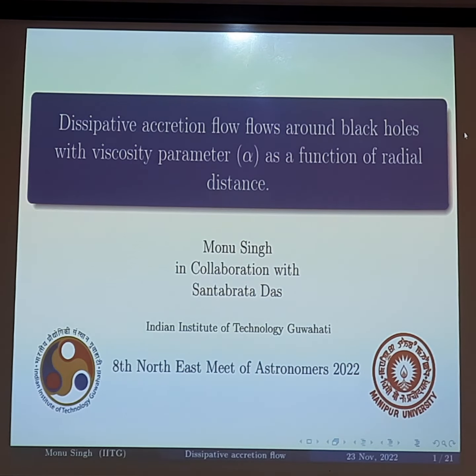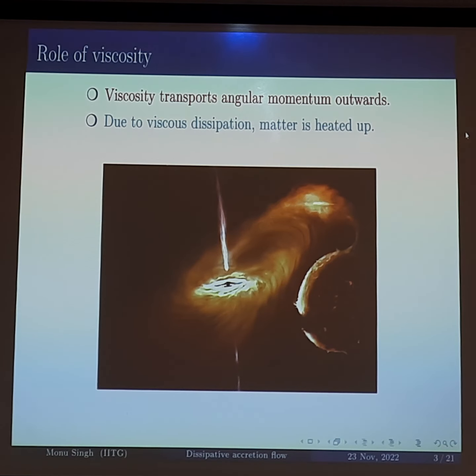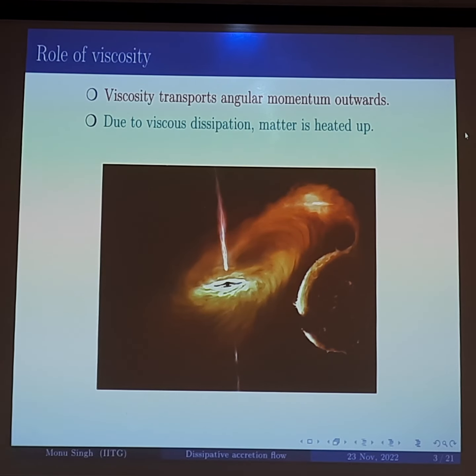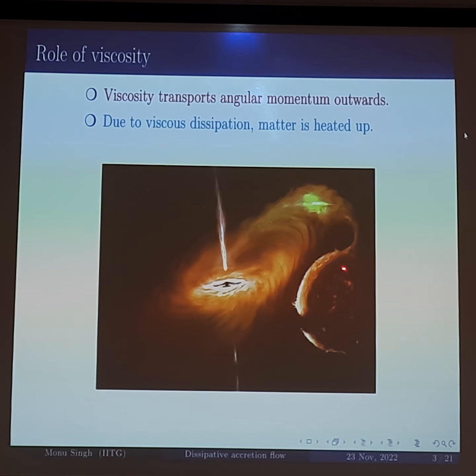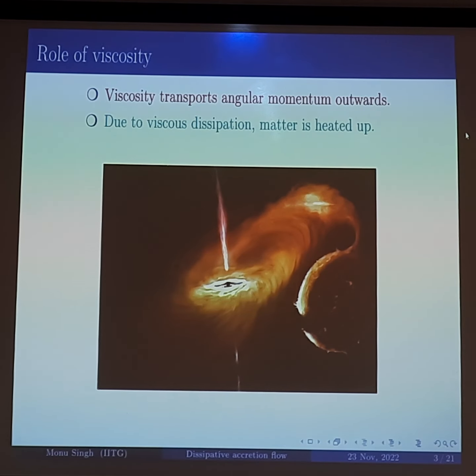So this is the outline. First things first, what does viscosity actually do? As we know, viscosity transports momentum. Let's consider a system where we have a black hole sitting here, and a secondary source. If you want matter to fall from here to here, you need to lose angular momentum.